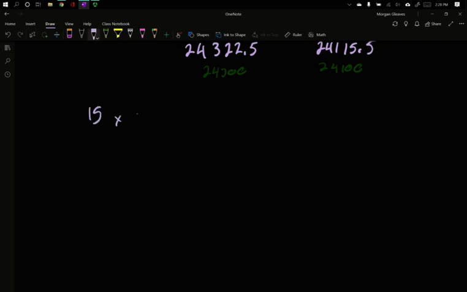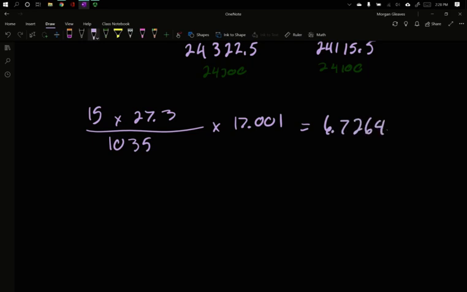15 times 27.3 divided by 1,035 times 17.001. This will come out 6.72648 on my calculator. But if we look at sig figs, one of these values has 4, one of them has 3, and one of them has 2. I only get to keep 2 sig figs in my final answer.